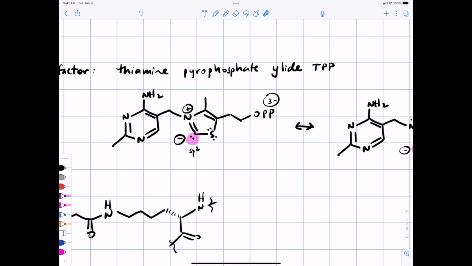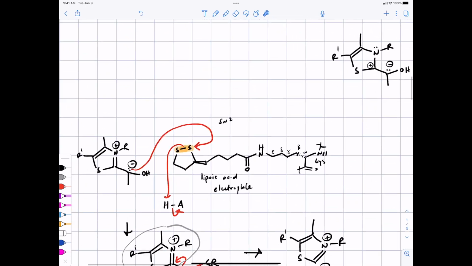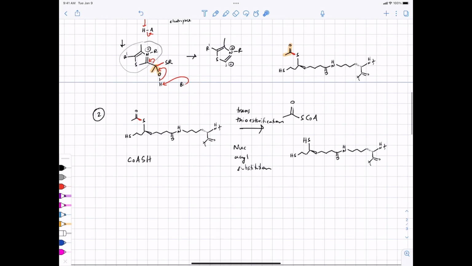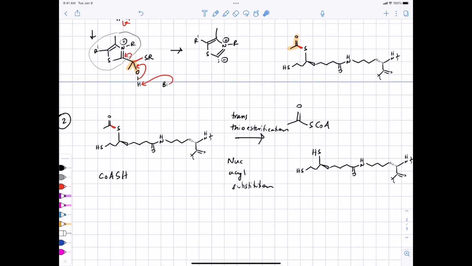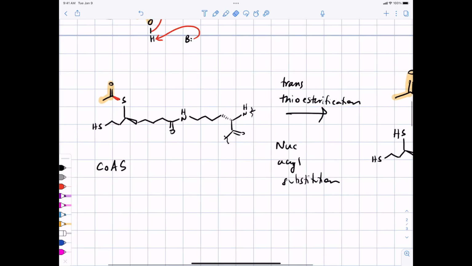Sorry, could you point out which one's the trans thioester again? So that's step 2, which I didn't mention just yet, but step 2 is all about moving this acetyl group from the sulfur of lipoic acid to the sulfur of coenzyme A. We don't necessarily need to draw this mechanism because you could come up with it on your own.